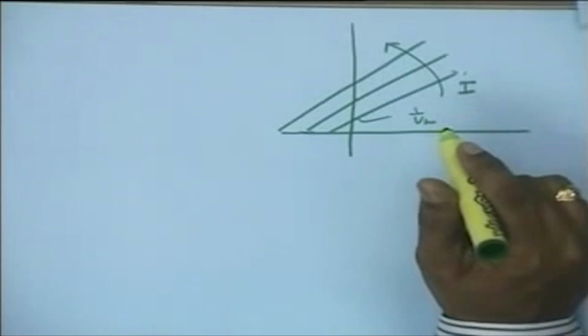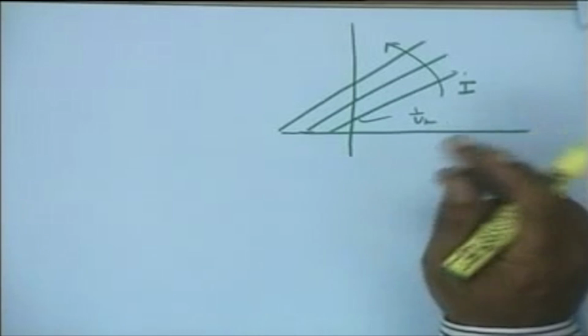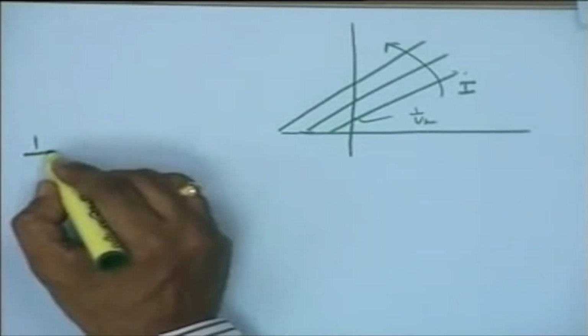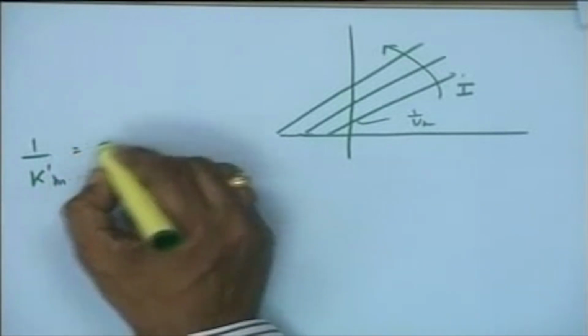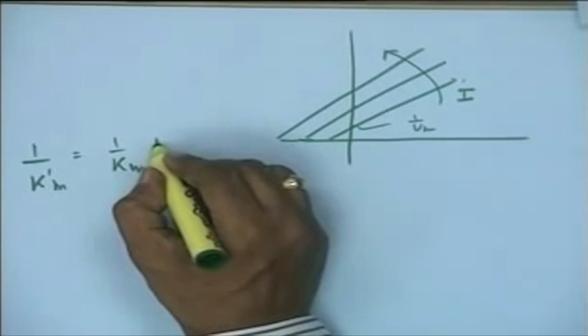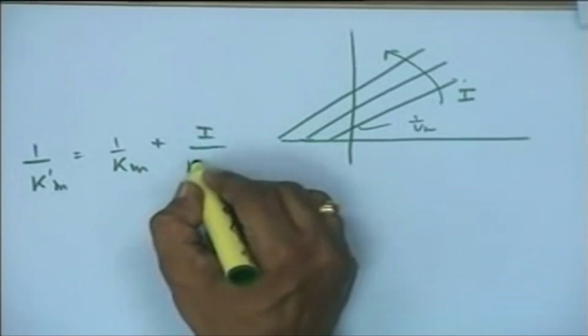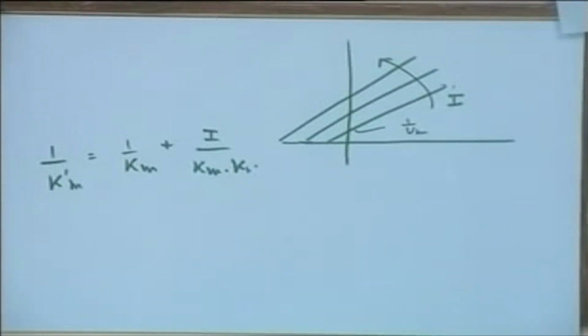And a secondary plot of 1 upon K dash m versus I: 1 upon K dash m will be equal to 1 upon Km plus I over Km into Ki, and if you make a secondary plot, you will get the value of Ki.